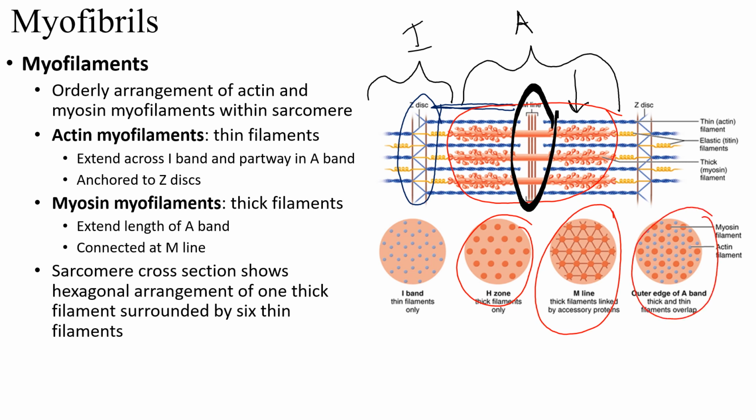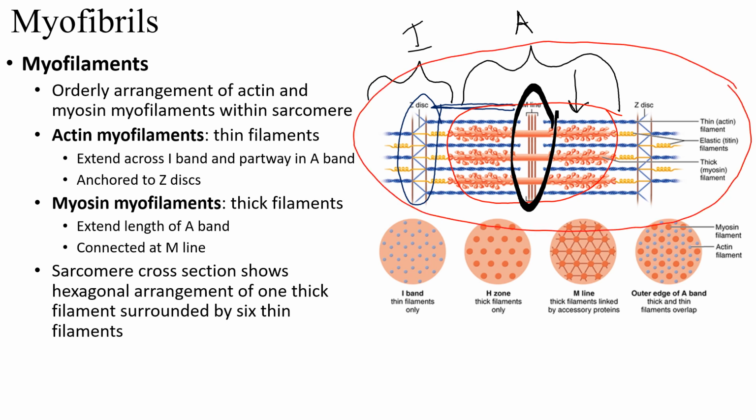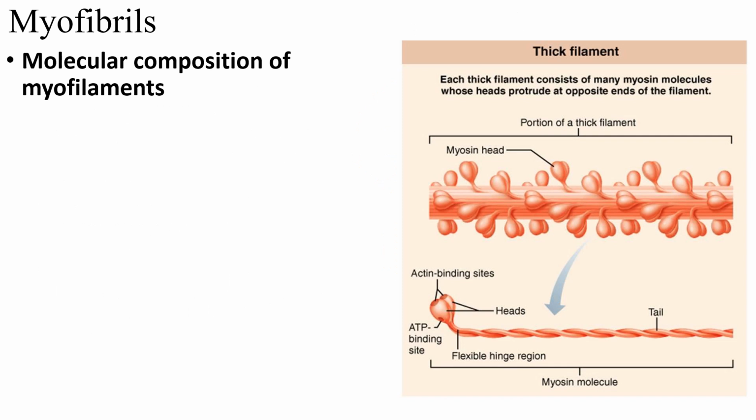Okay, so I won't ask you to look at these in this direction. You'd more need to be aware of this upper structure and where everything is in relation to each other.